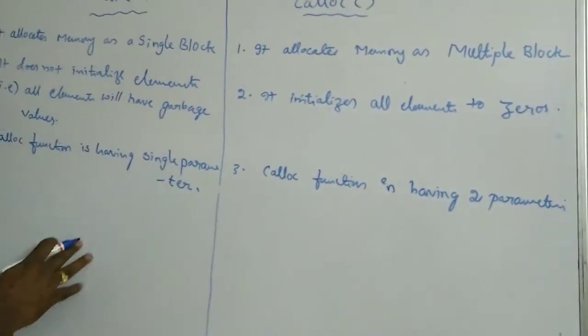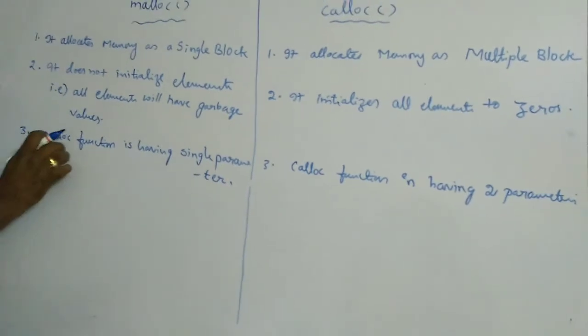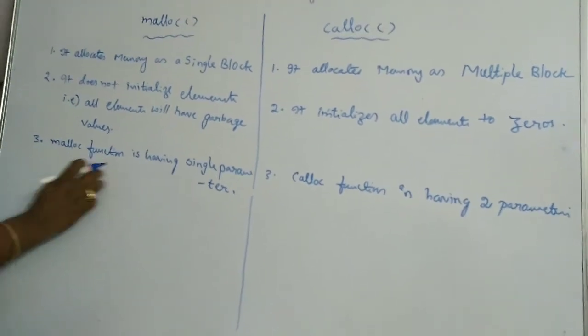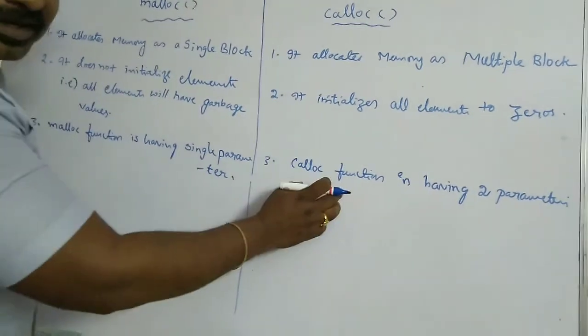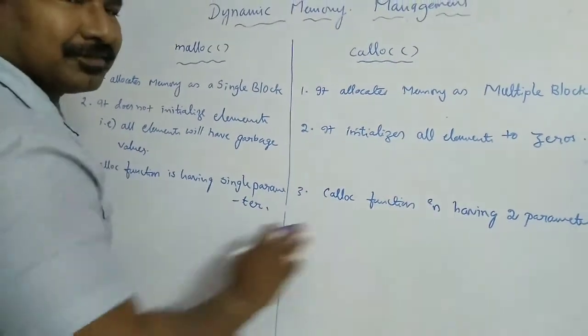Okay friends, when you are using these two functions, you will be aware that malloc is taking only one parameter and calloc will take two parameters. Here the parameter is a size, here the parameters are size, comma, size of the data type.